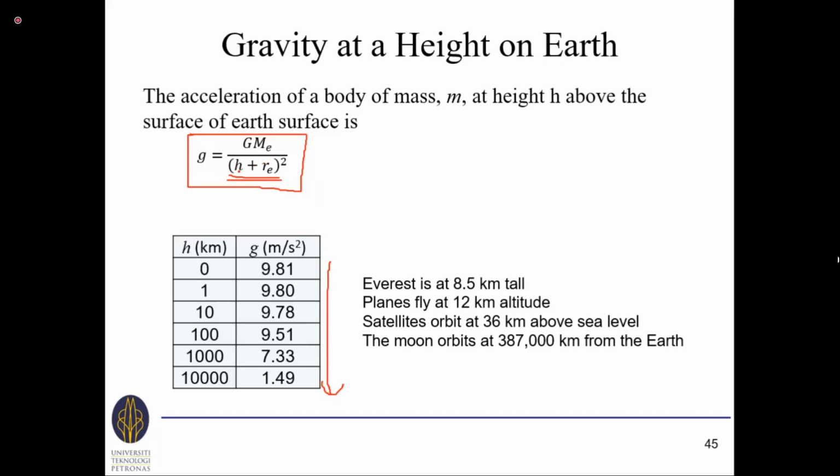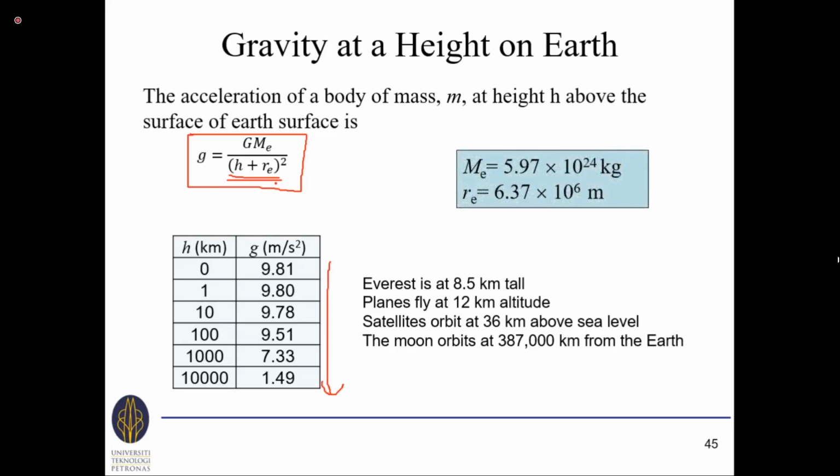You will have h plus R_E in brackets, squared. So gravity equals the constant multiplied by the mass, the Earth's mass if it is related to Earth, over the distance between the object and the core of the Earth. So the equation is not alien. You just add in the height, the difference of the height from the surface of the Earth, into the calculation. The mass of the Earth and radius of the Earth should be given.